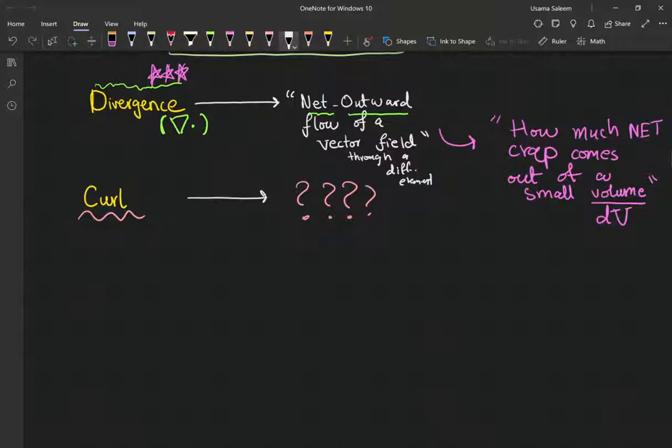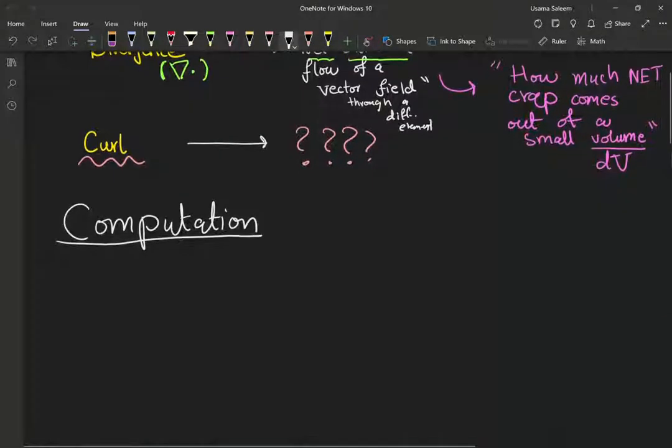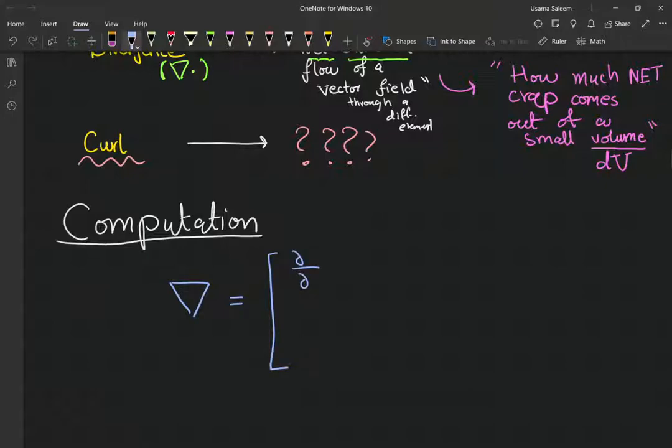But before we talk about the intuition behind curl, I'm just going to show you how you're going to compute a curl, so you're familiar with the mathematics. Hopefully you're familiar by now with the del operator, a vector that consists of your partial derivatives. The one I've written here is in 3D in Cartesian coordinates.